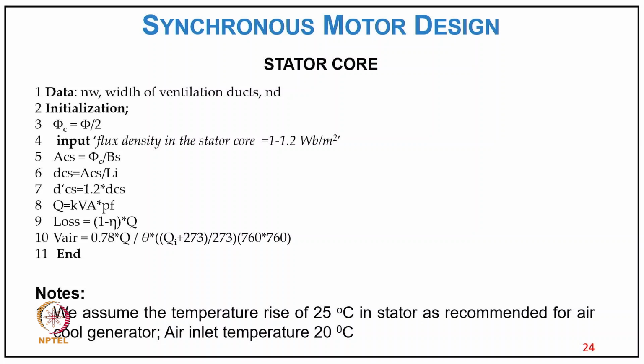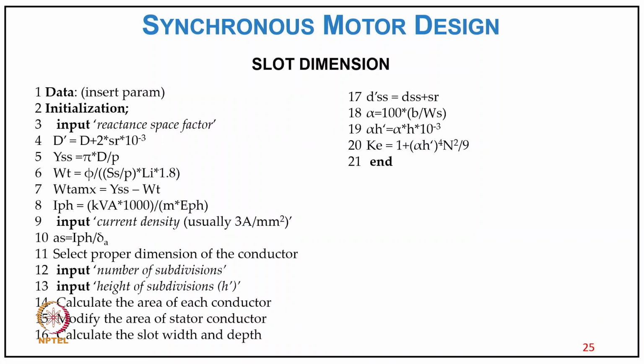Q equal to KVA into power factor, and loss equal to 1 minus beta into Q, and VR equal to 0.78 Q divided by beta in bracket QI plus 273 divided by 273. And note, we assume the temperature rise of 25 degrees Celsius in stator is recommended for air cooled generator, and air inlet temperature 20 degrees Celsius.